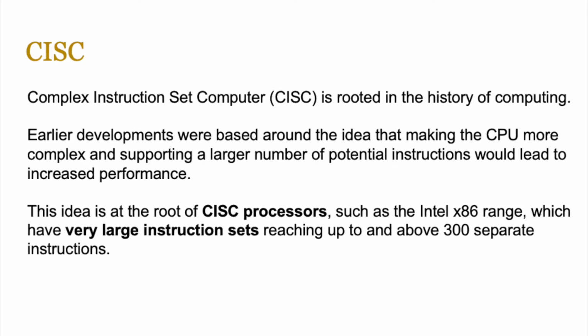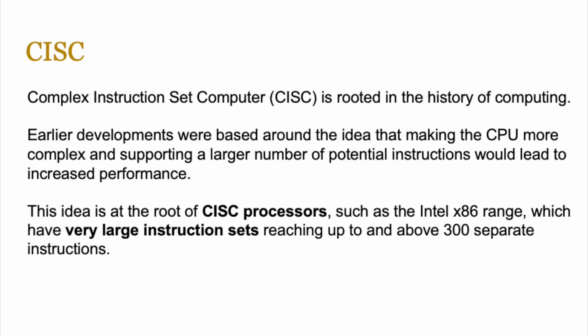Some will have a lot of registers, others will have a few registers, and that depends on the design philosophy. So starting with CISC, or the complex instruction set computer, makes use of more internal instruction formats than RISC. The design philosophy is to carry out a given task with as few lines of assembly code as possible. So the processor hardware must be capable of handling more complex assembly code instructions.